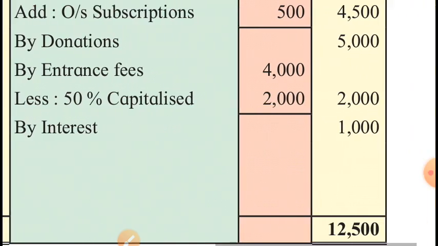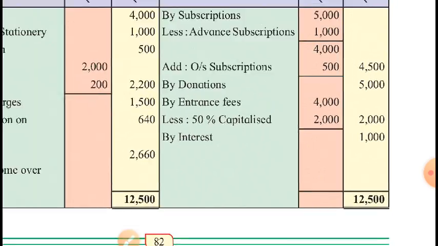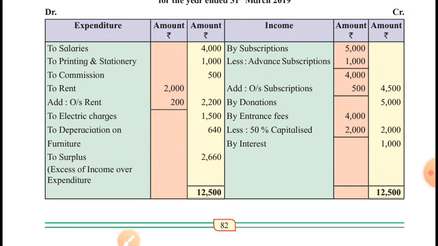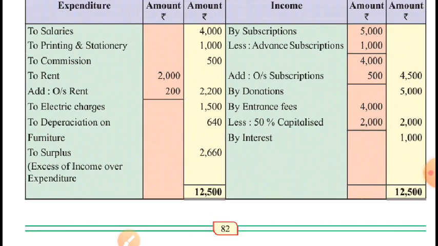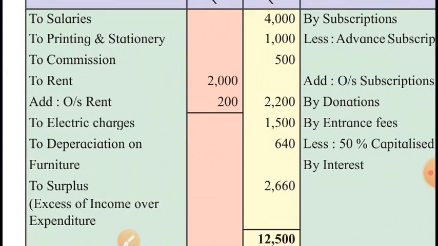And interest we received is income 1,000. So fortunately, here is excess of income over expenditure. I mean, this account is having credit balance, means income is greater than expenditure by rupees 2,660, and this amount is shown here on the shorter side.